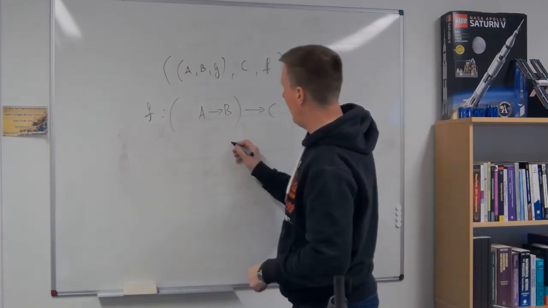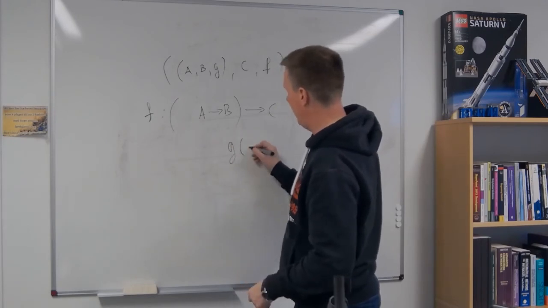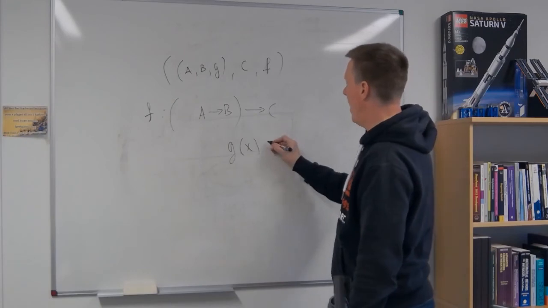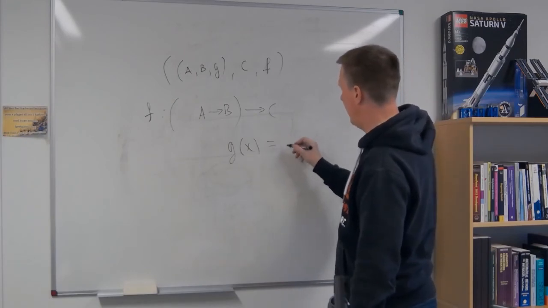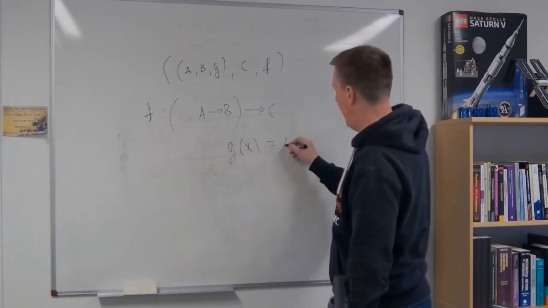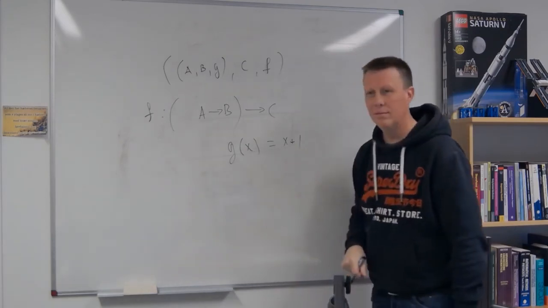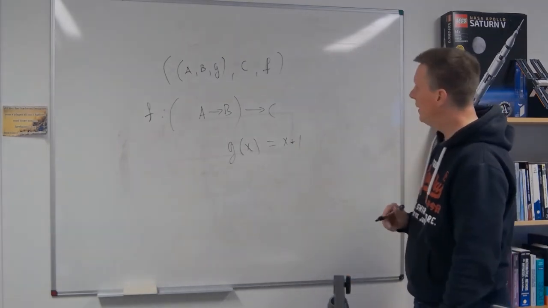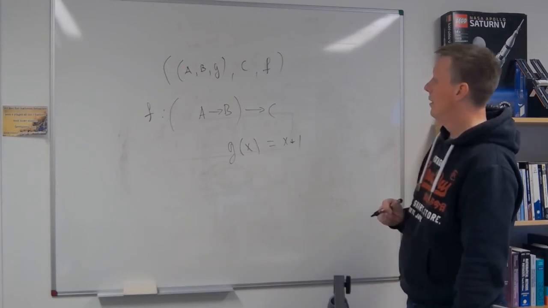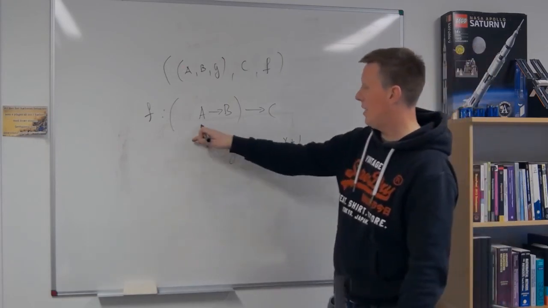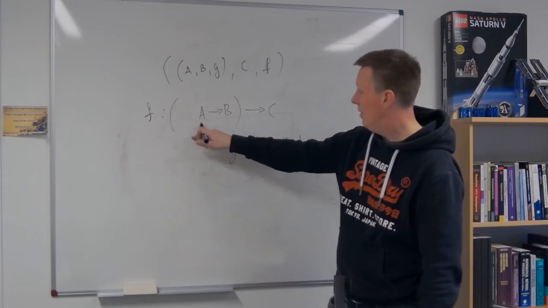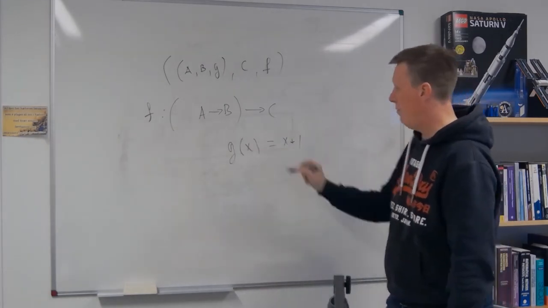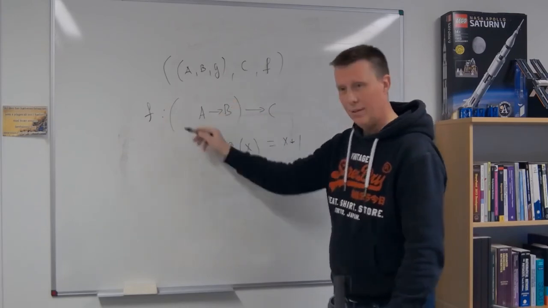So let's suppose I write a simple function of x, g of x. And we can say, well, this is x plus 1, just for me to do something really simple, right? So this is a function which takes a value and produces a new value. Plain and simple. So it matches this scheme here.